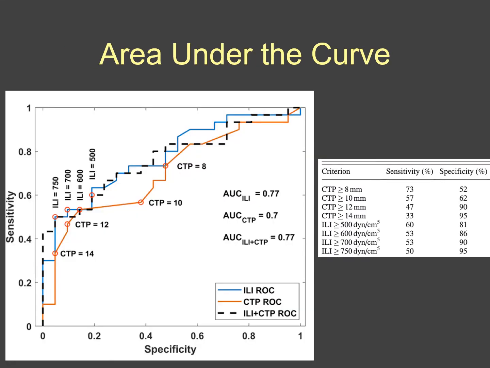In order to determine how predictive the longitudinal impedance is of someone who has cough-associated headache versus non-cough-associated headache, we plotted the area underneath the curve. The integral of that comes out to be 0.77 for longitudinal impedance, and 0.7 for tonsillar position.